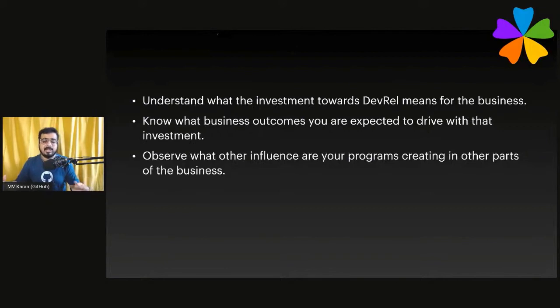And the last thing, again a very important thing, is to observe what other influence your programs are creating in other parts of the business, not just for your function. Is it helping sales? Is it helping partner programs?